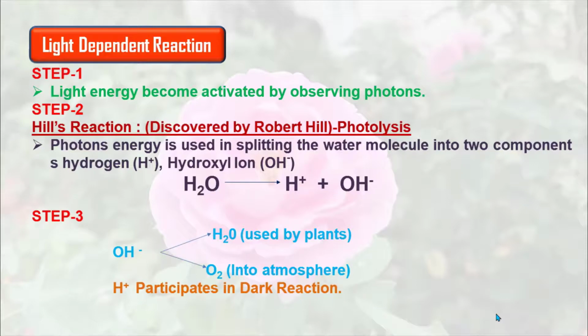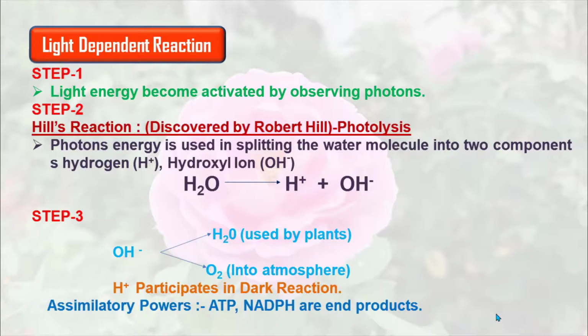H plus ions undergo a series of changes in the dark reaction. Compounds that can trap energy like ATP and NADPH are formed at the end of the light reaction. These are called assimilatory powers. Light independent reaction or biosynthetic phase.